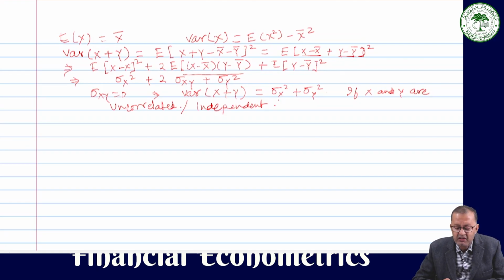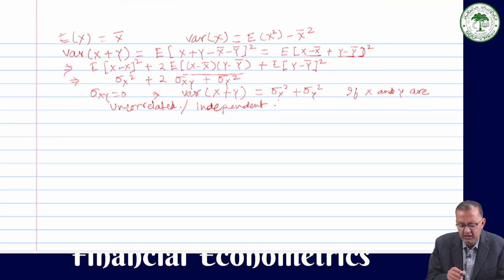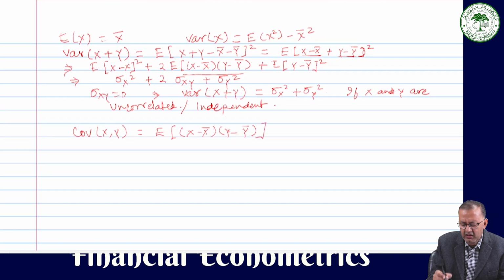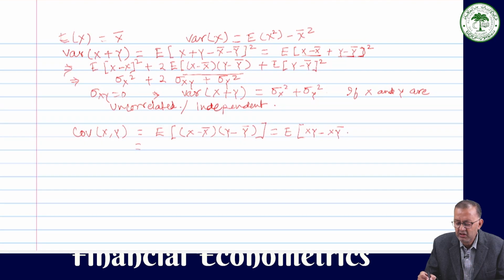So let me explain this term again, the covariance between x and y, which we have denoted by the expected value of (x minus x bar) into (y minus y bar). If we multiply this out, it can be written as xy minus x y bar minus x bar y plus x bar y bar.